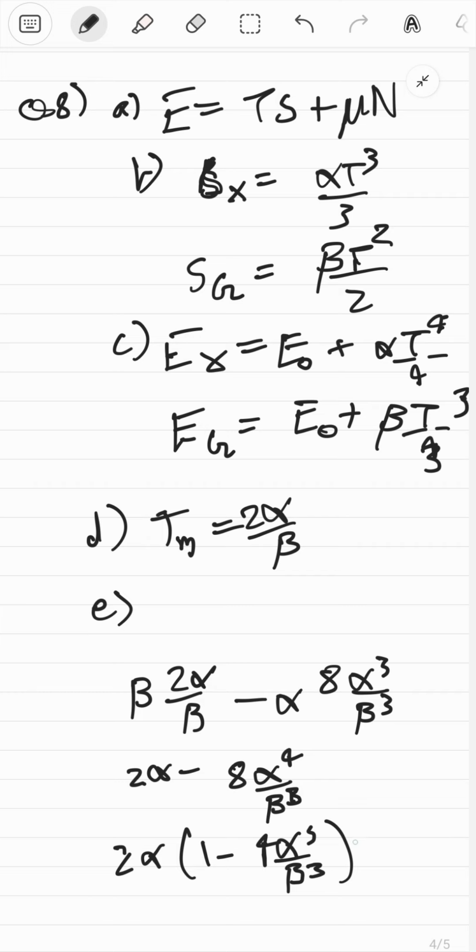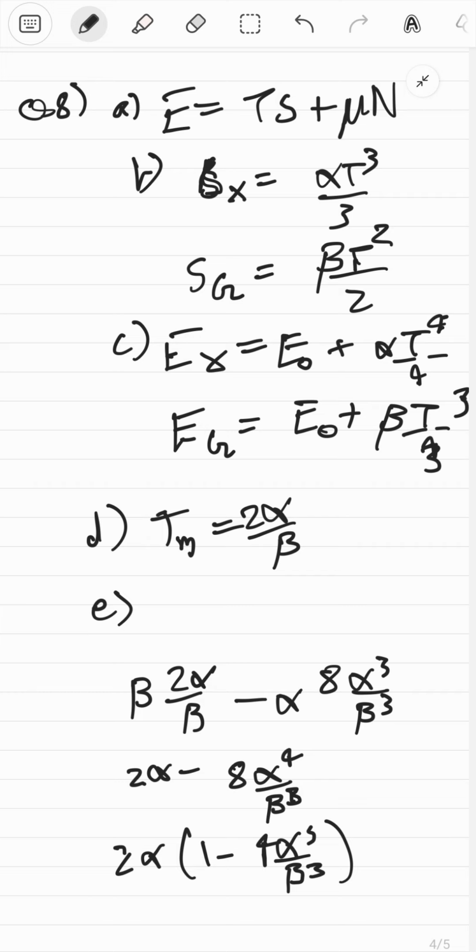Alpha has dimensions of temperature power -3. Now wait, okay, right, some dimensions that we have to put. Beta also has some dimensions. How are these even matching? It doesn't make any sense. It can't be just 2 alpha plus beta, that's probably wrong.